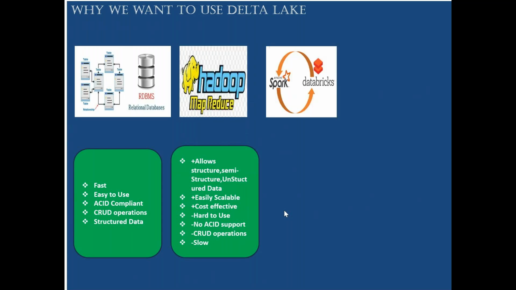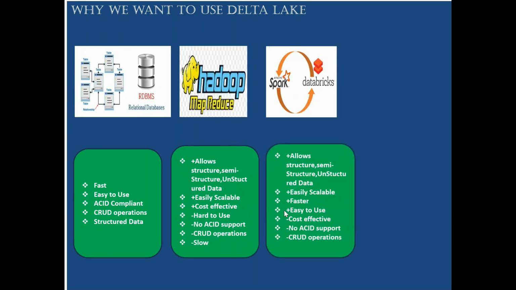That's where we went to Spark. The advantage of Spark is it allows all types of data. It is easily scalable, it is faster, it is easy to use, and it is costly compared to Hadoop. But the problem with Spark is mainly no ACID support and no CRUD operations. That's where we move on to Delta Lake.